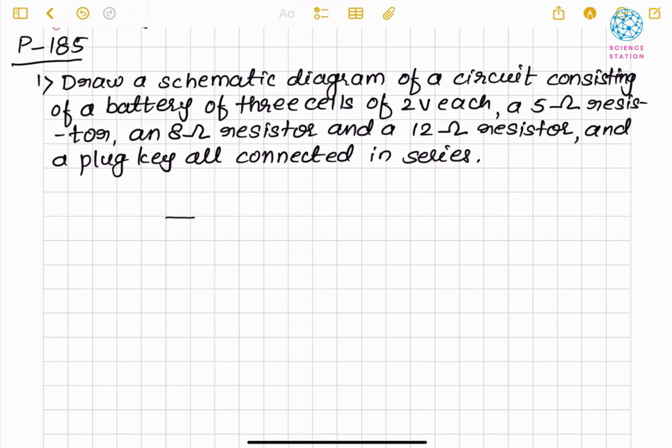So first they are given in series, so I will have 3 resistances of different ohms resistance. So they are connected with 3 cells of battery. So this is one cell, this is second cell, this is third cell.